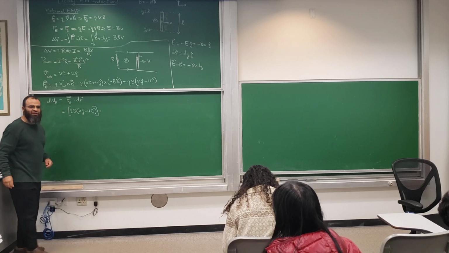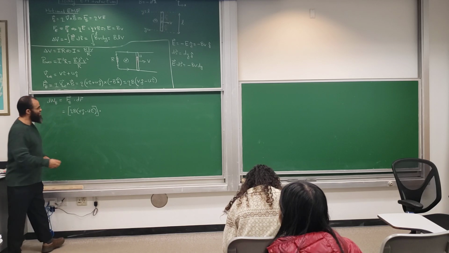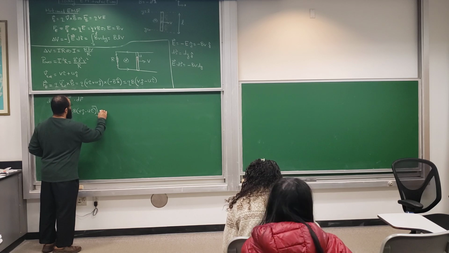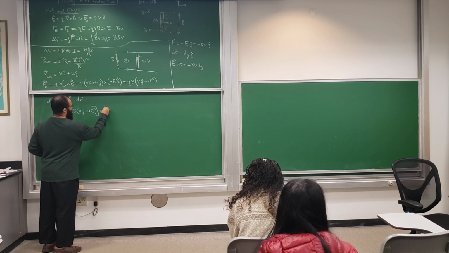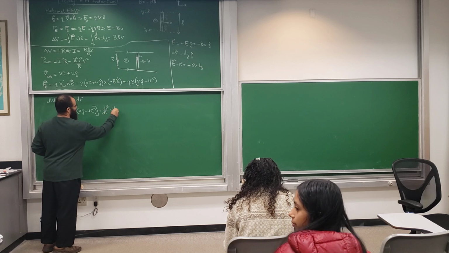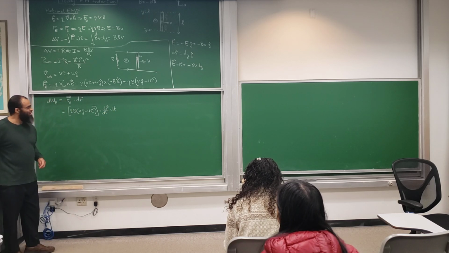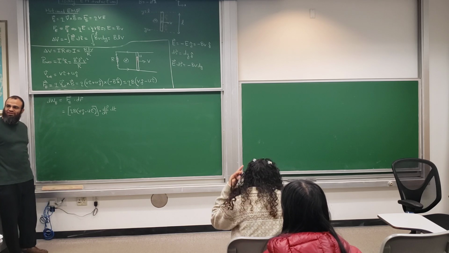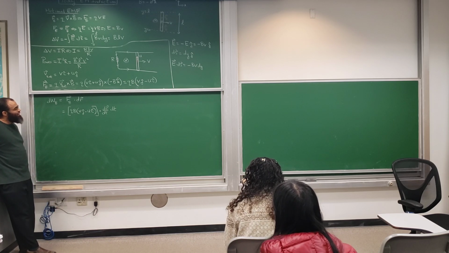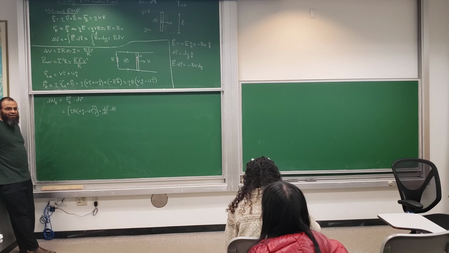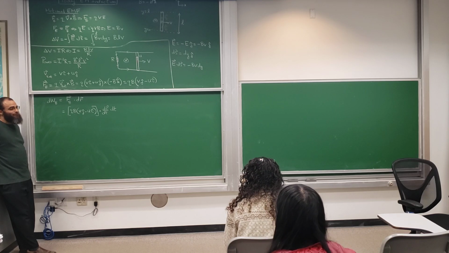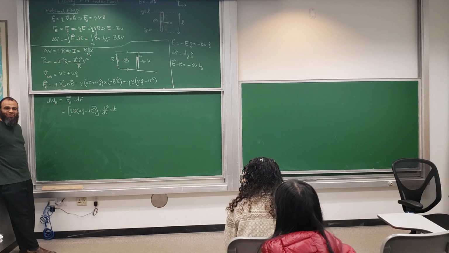What's the displacement? You can write it as dr/dt times dt. dr/dt is the velocity of a charge. What's the velocity of a charge? Is it v, is it u, or both?